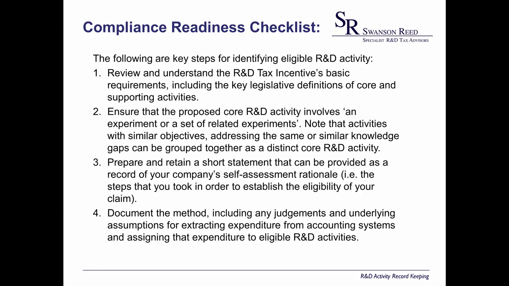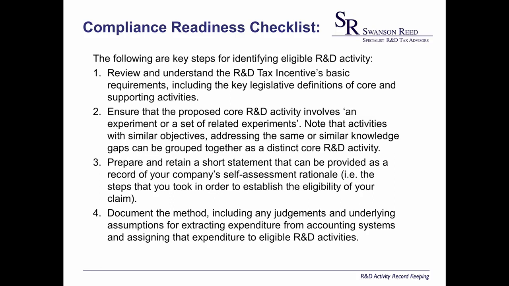Prepare and retain a short statement that can be provided as a record of your company's self-assessment rationale, i.e., the steps that you took in order to establish the eligibility of your claim, such as the unknown outcome, the new knowledge, and hypothesis to be tested.